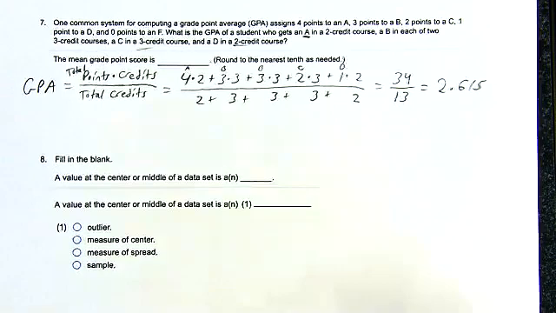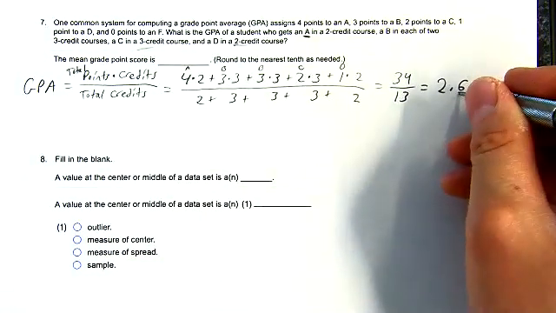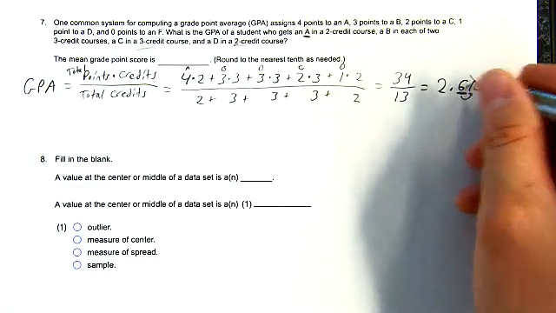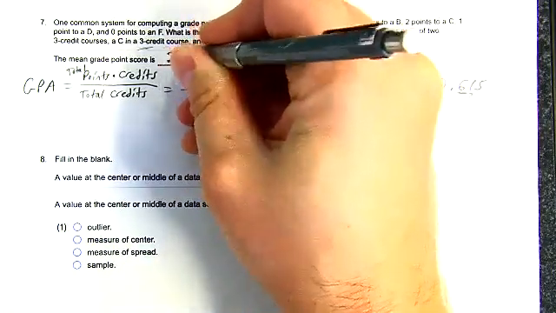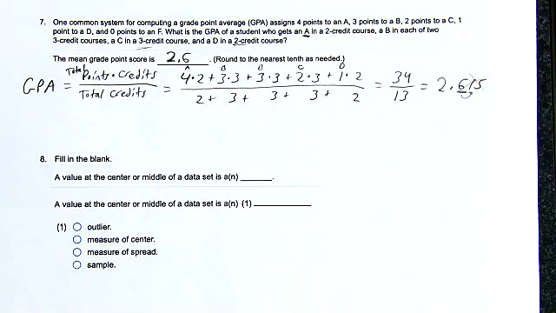And if we round to the nearest tenth, that's this digit. This 1 says chop off the rest, 2.6. Good there?